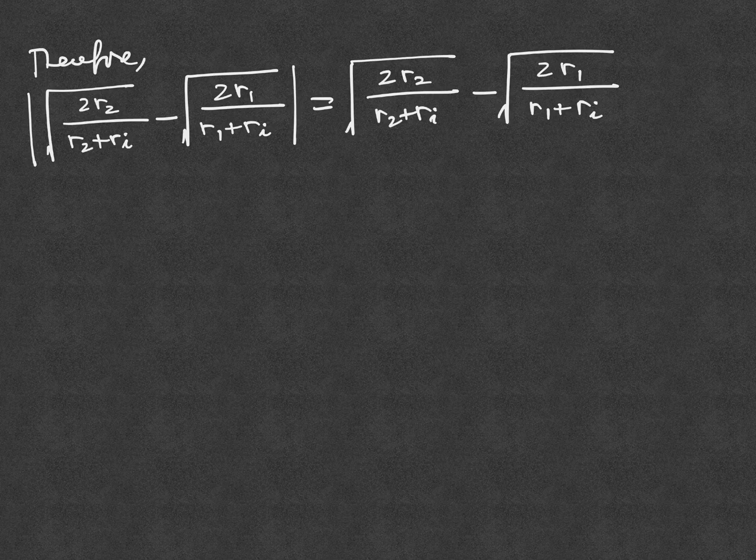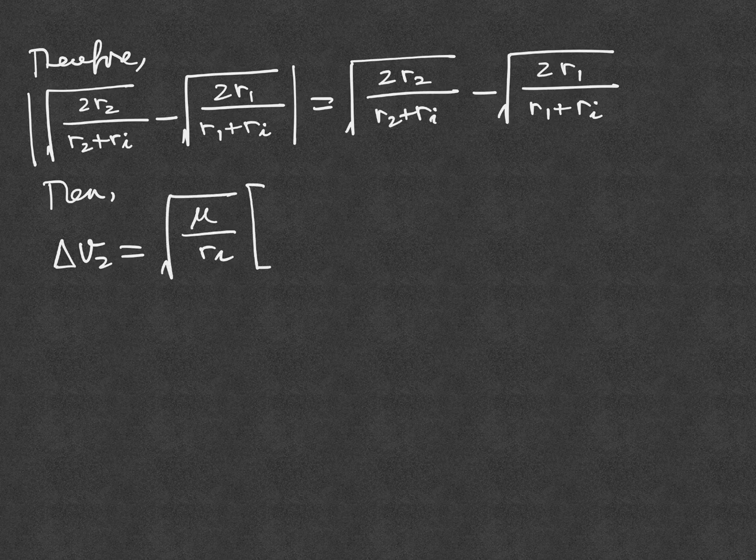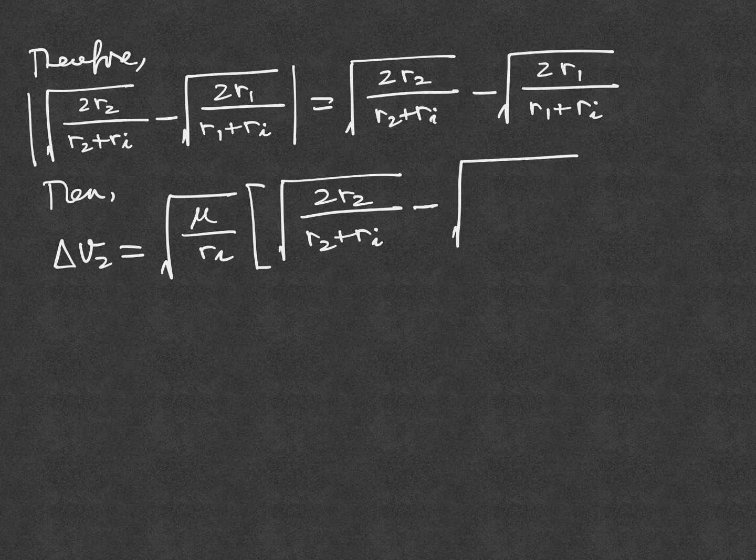And that implies that delta V2 is equal to the square root of mu over Ri times the square root of 2R2 all divided by R2 plus Ri minus the square root of 2R1 all divided by R1 plus Ri. That takes care of the second impulse.